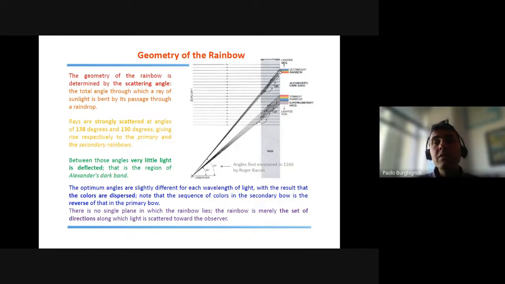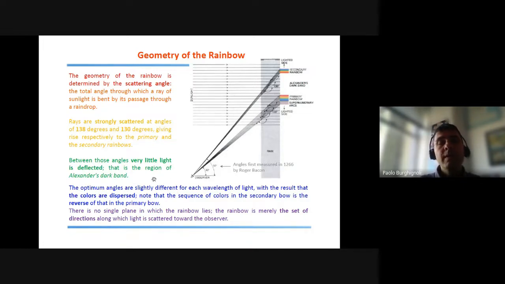Between these angles, there is the Alexander's dark band, and since the refraction phenomenon is dispersive, that's because of the dispersive nature of water, of raindrops, basically the angle of maximum scattering depends slightly on frequency, or if you prefer, on wavelength.